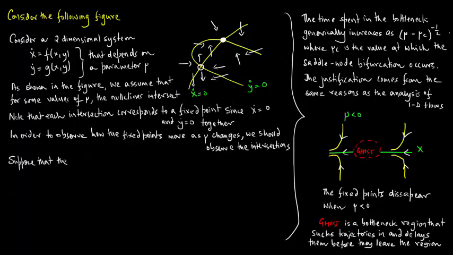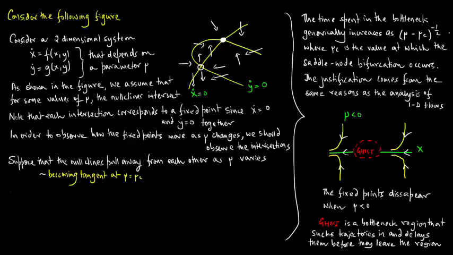Now suppose that the null lines pull away from each other as mu varies, essentially becoming tangent at mu is equal to mu critical.